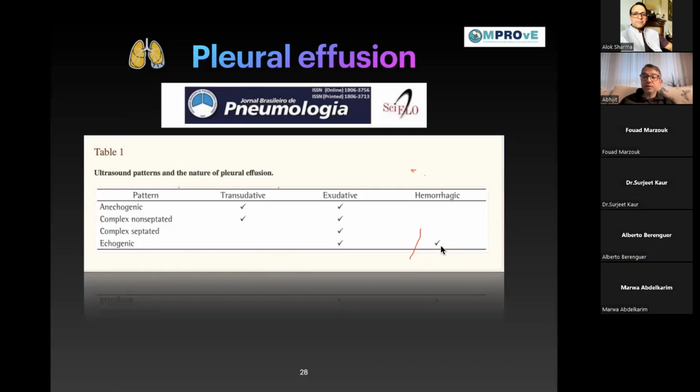Once it forms the clot, you're going to see the white echogenic reflection. Making sense? So hemorrhagic, at the very beginning, a fresh bleed, you see anechoic, but once it matures and starts reorganizing the clot, you see echogenic.